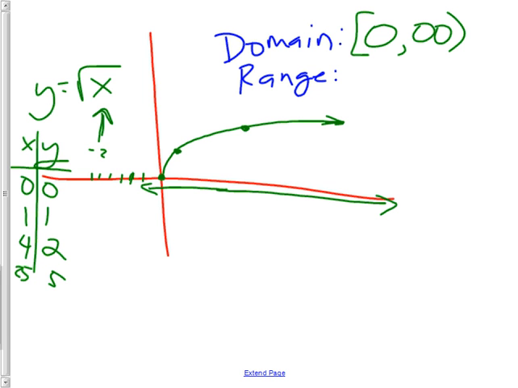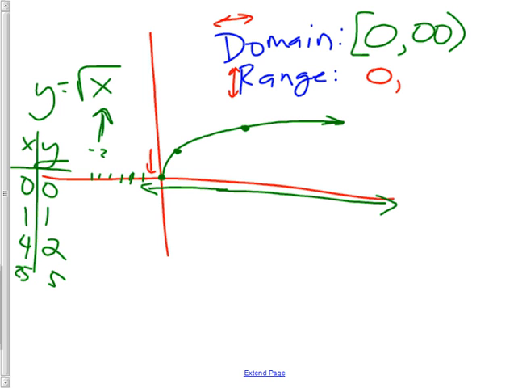All right, range of this thing. For domain, how far left, how far right? What do you think range is like? How far down, how far up? So on the range here, what's the lowest it'll ever go? This green function, the lowest it ever goes this way, 0.